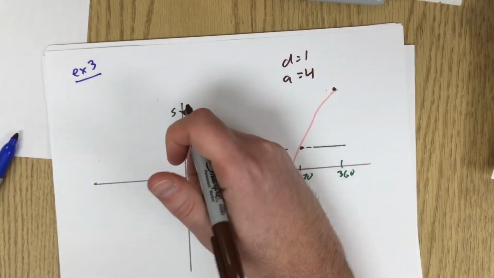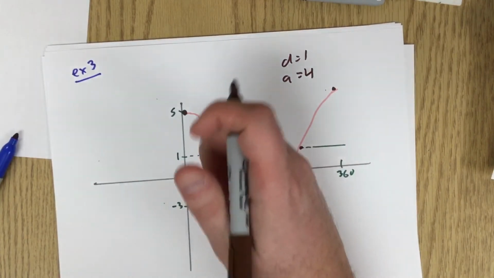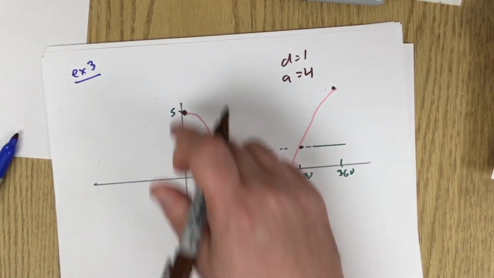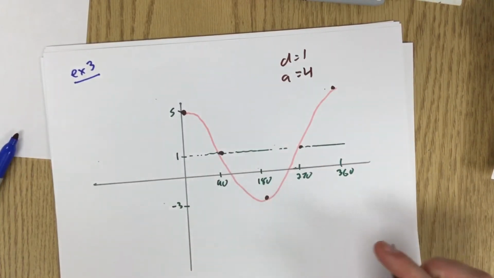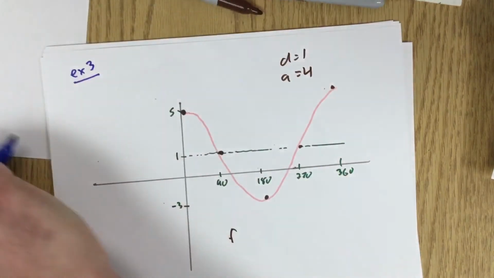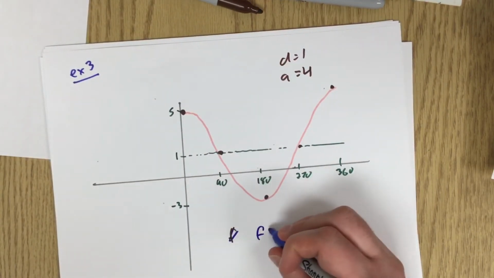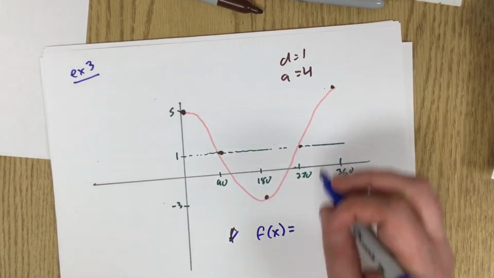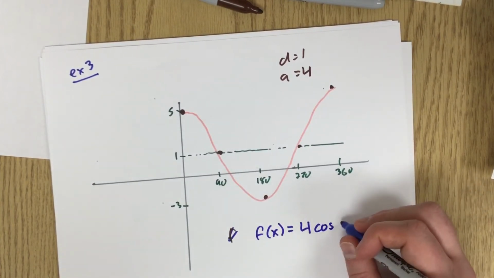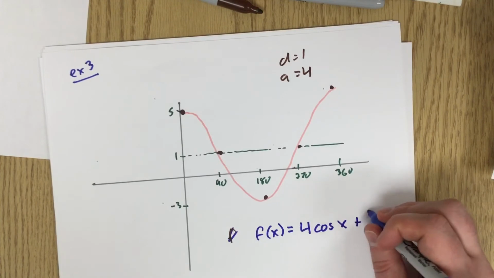Or you could go 5 minus negative 3, which is that. And we could also say that 5 plus negative 3 is 2. 2 divided by 2 is 1. So either way, our answer is going to be that f of x equals 4 cos of x plus 1.